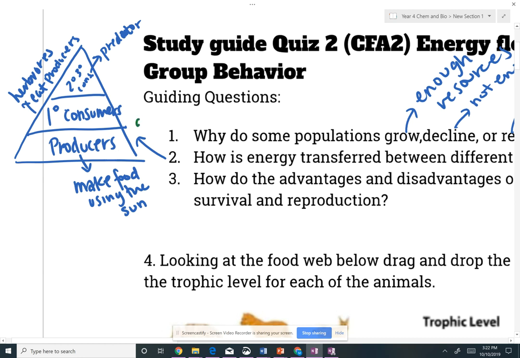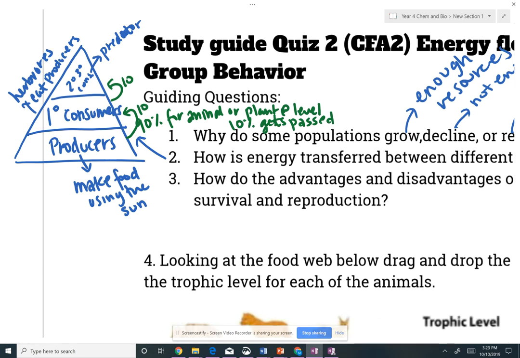At every level, 90% is for the animal or plant at that level. And then 10% gets passed down. So only 10% of the energy that is formed gets passed down. That comes into our rule of 10%. So those are things that we see on there.